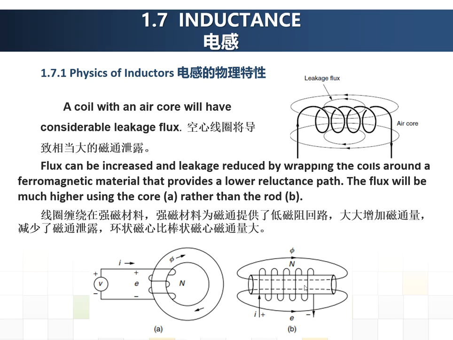The flux will be much higher using the core A rather than the rod B, as we can see from the photograph. The flux in photo A is much higher using the coil than the rod B.